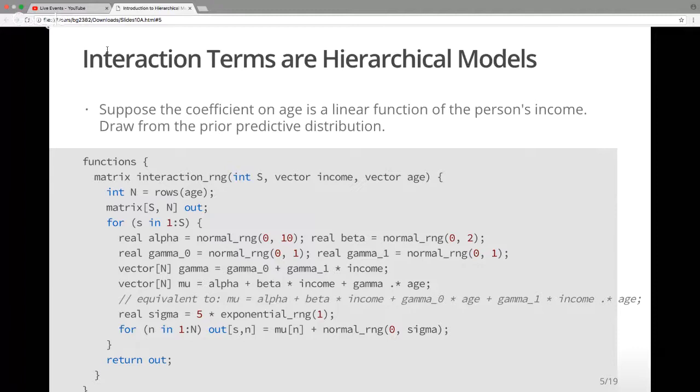But the thing I was trying to get you to see here is that this construction of gamma, where everyone has their own coefficient on age, is equivalent just by multiplication to what you usually see when people do models with interaction terms, where they have income, age, and the product of income times age.